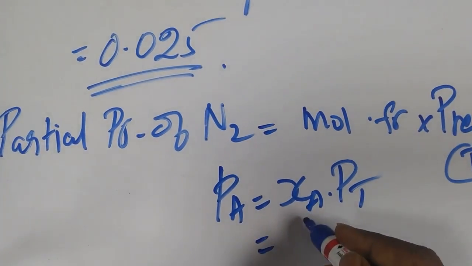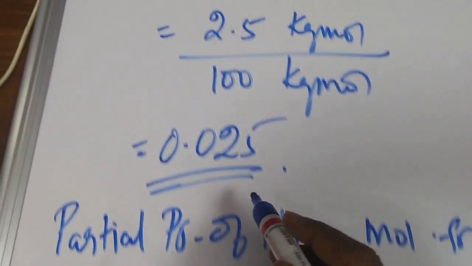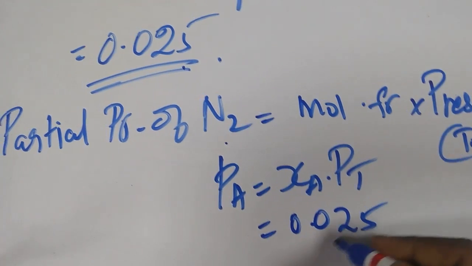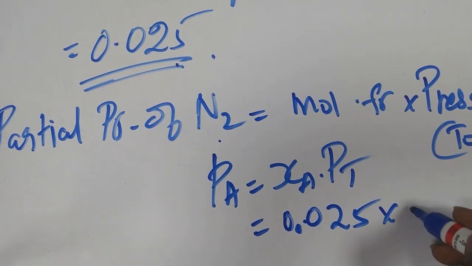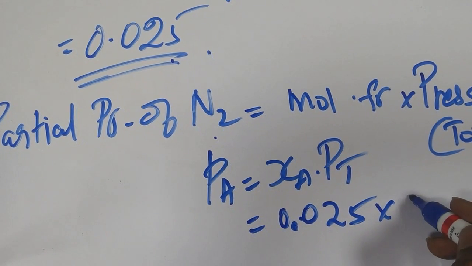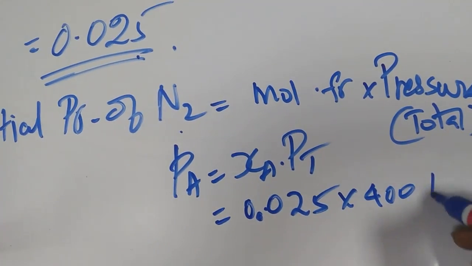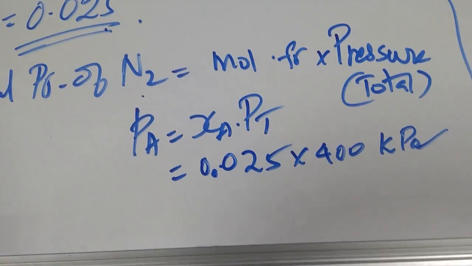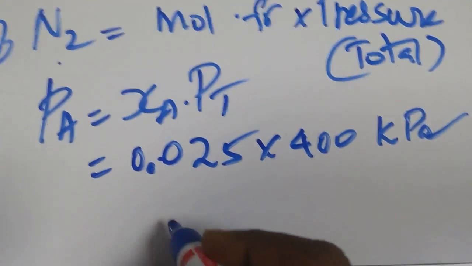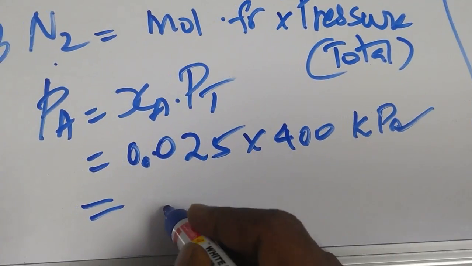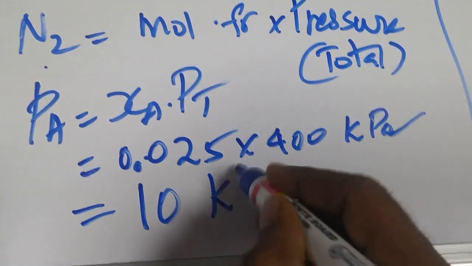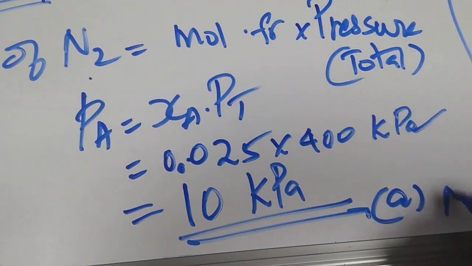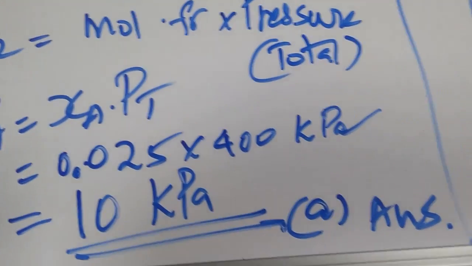So we can substitute. Mole fraction of nitrogen is 0.025 into total pressure, which is given as 400 kilopascal. So how much is the partial pressure of nitrogen? It is 10 kilopascal. So that is the answer for A part.